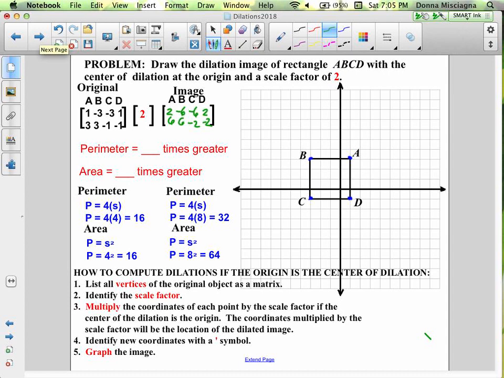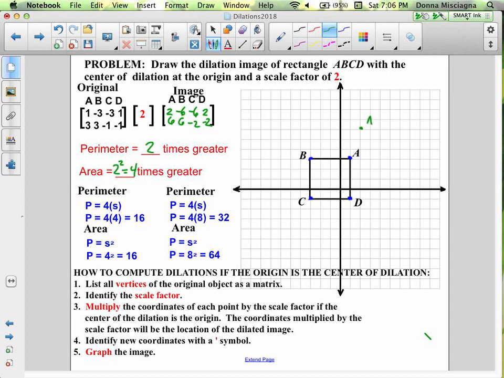All right, so what we learned on the last page, and I have the perimeter and area right here so you can even see that, our perimeter is going to be 2 times as large. The area is going to be 2 squared as large, or 4 times as large. So let's graph our image. All right, so (2, 6), 2, 3, 4, 5, 6.